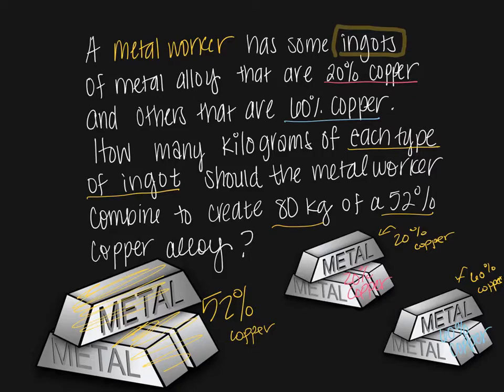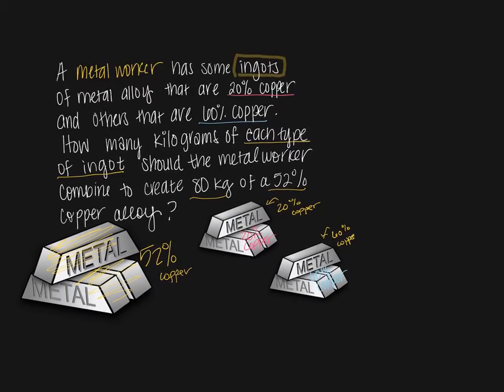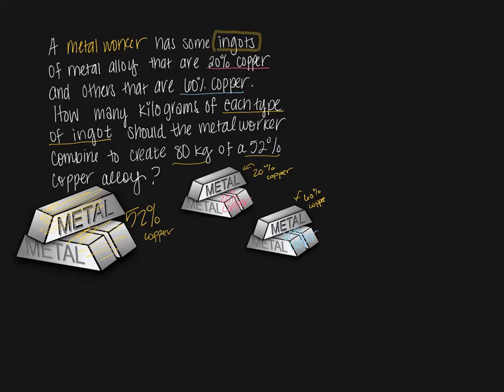So I'm going to need to write a system of equations to represent this. Let's let this guy be letter A and this guy be letter B. And then ultimately I'm trying to get my C. So I'm going to have some amount of my 20% copper, and I'm going to add to that some amount of my 60% copper.